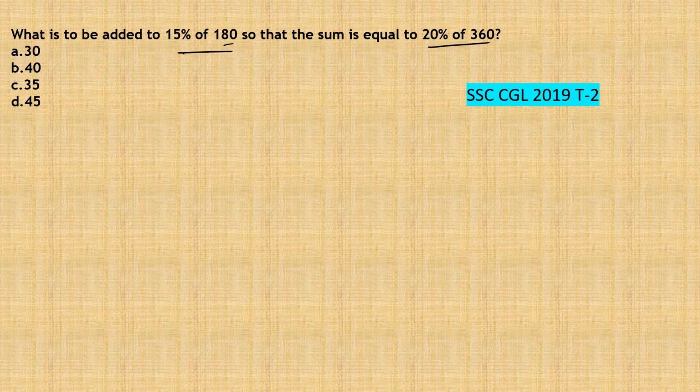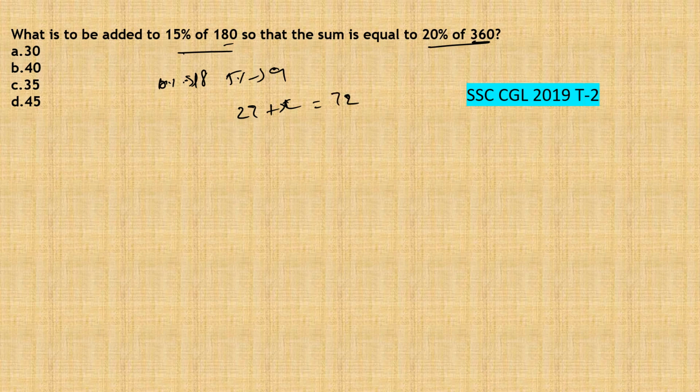You need to find 15% of 180. 10% of 180 is 18 and 5% is half of that, 18 by 2 equals 9. 18 plus 9, 15% of 180 is 27, plus the number to be added, which we write as x, equals the sum, 20% of 360. 10% is 36 and 20% is 36 2s are 72.